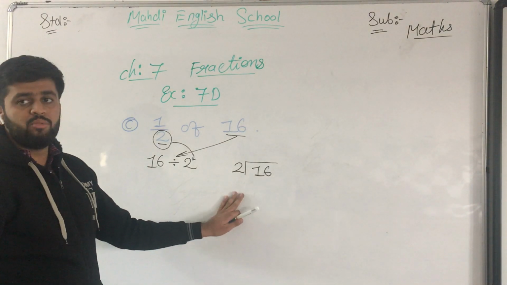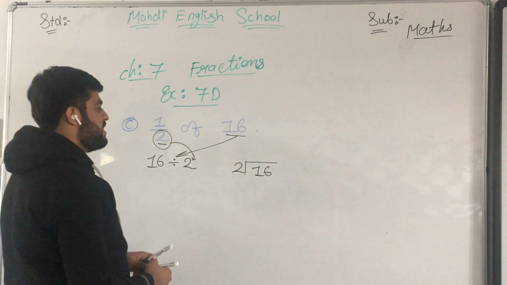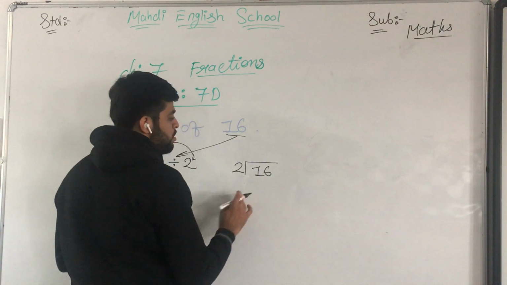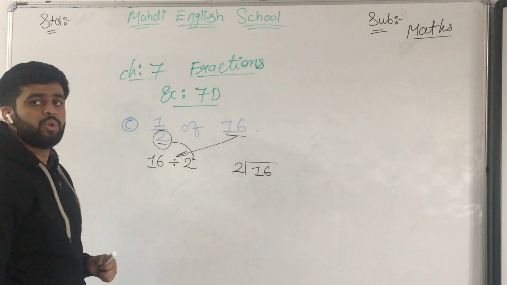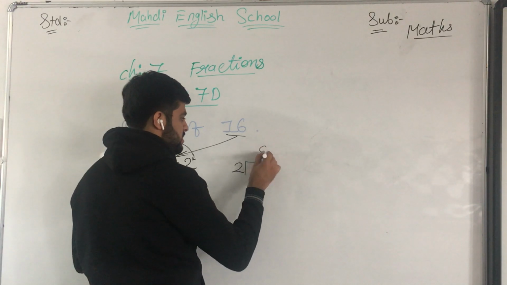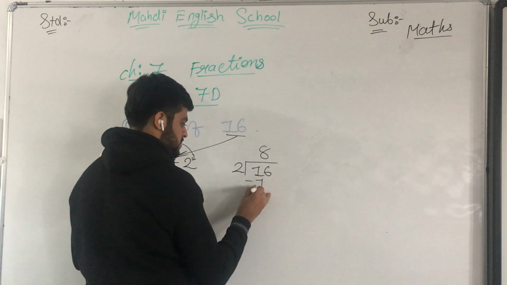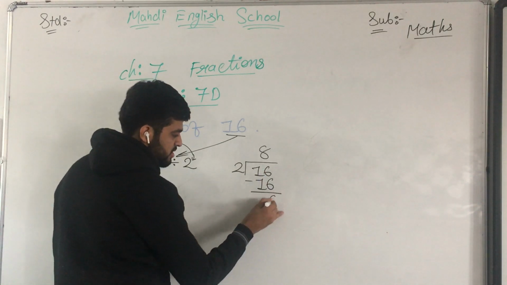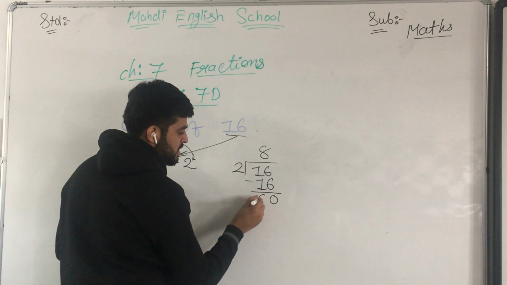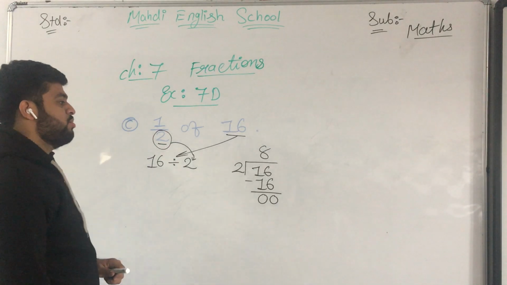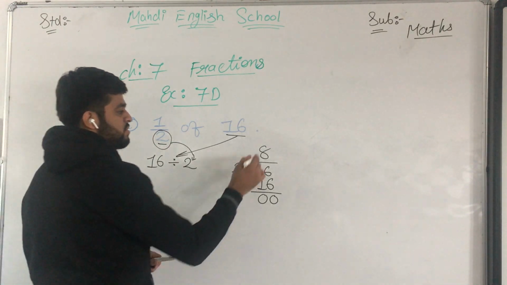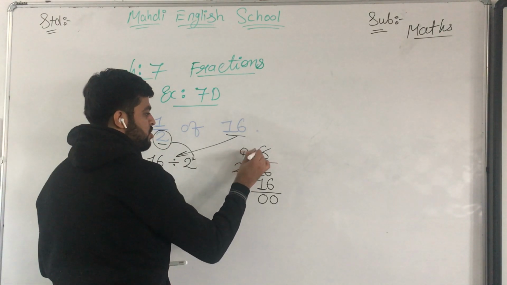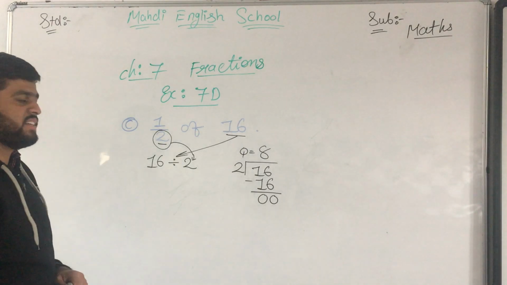Where? 2 eights are 16, 2 threes are 6. 6 minus 6, how many? 0. 1 minus 1, 0. So the answer is what? Q for quotient. Quotient means the answer is 8.